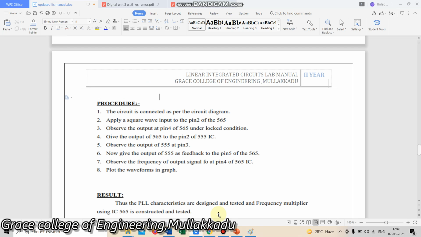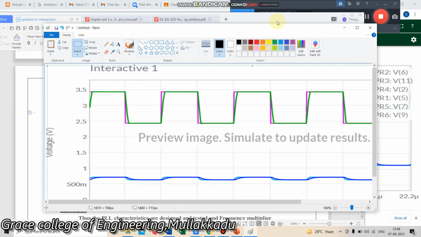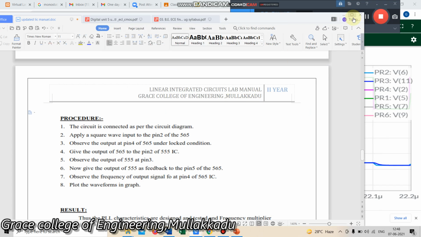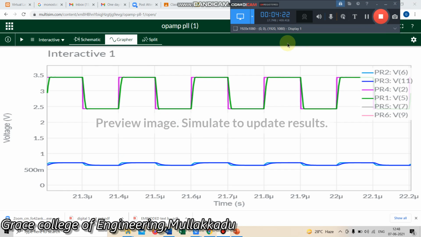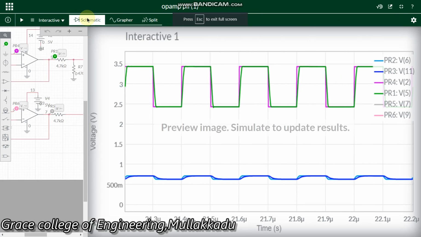Okay. Now we are going to see the simulation output for the PLL using operational amplifiers. This is the PLL using operational amplifiers schematic diagram.